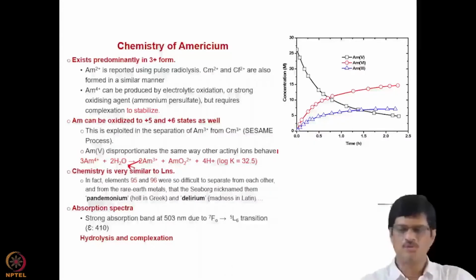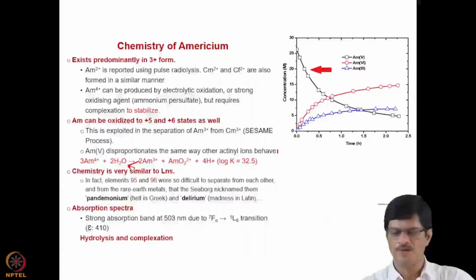And as shown in the lower figure, this disproportionation of americium in 6 molar HClO4 is given here, where you find that the profile of americium 5 is slowly decreasing. After 2 hours, you can see that it becomes less than 1/3 of what we started with. And you have the growing profiles of americium 6 as well as americium 3.